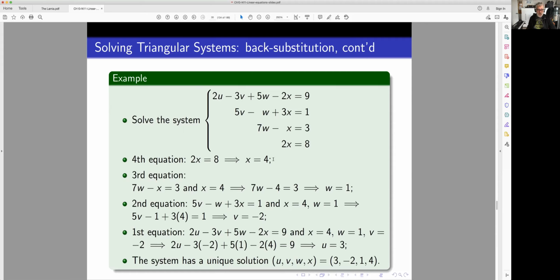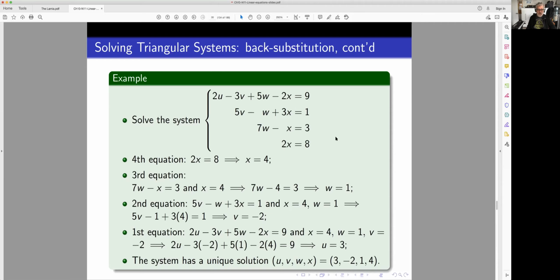Once you have the value for that variable, you go up one equation, which has two variables. Since you know the value of one of them, you can plug in, solve for the other, and you keep doing that. So you go to the equation just before, you have the value of two of the variables, you can find the third, and so on and so forth. Once you have a system in this form, by back substitution, it's pretty straightforward to solve.